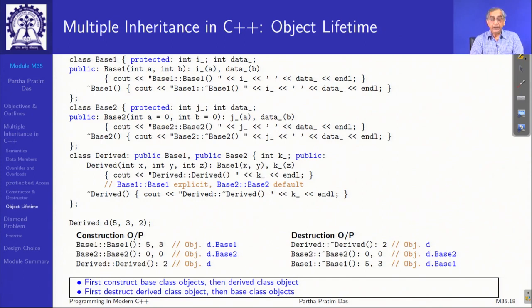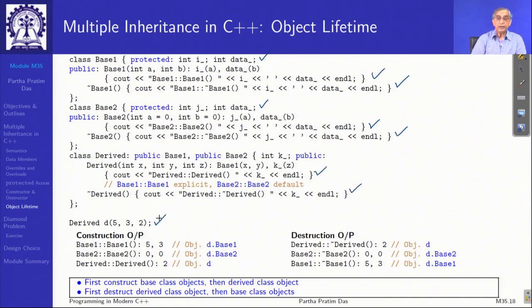Now, for the same example, let us look at what will be the object lifetime, construction and destruction. Along with the data members, we have also provided the constructor and destructor with cout to actually tell us what is going on.